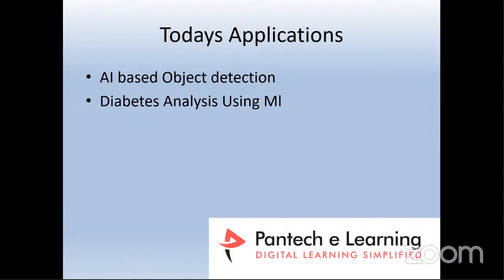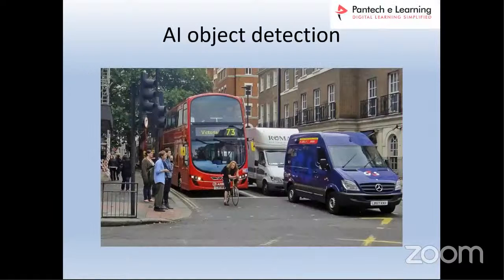Okay. So first let me go to the first application, that is the AI based object detection concept. Just consider this one as an input image. Okay. So here we have traffic lights and a bus and one cycle, some persons, and some trucks also, right?